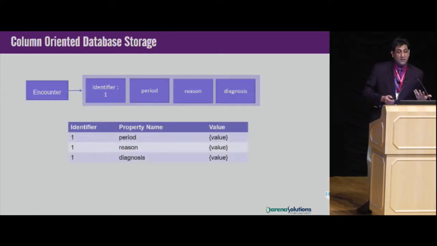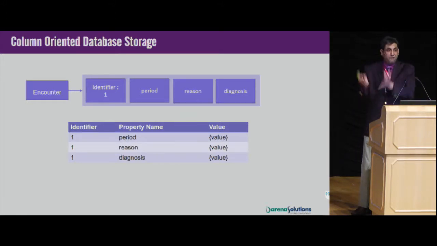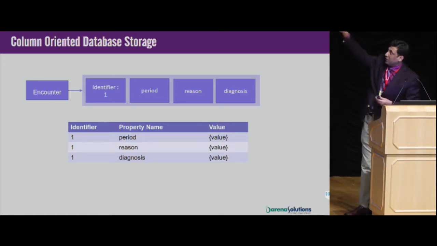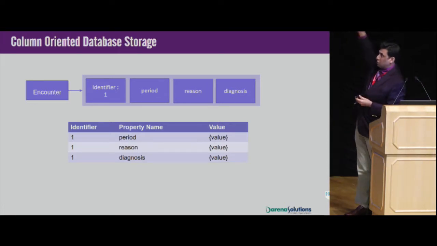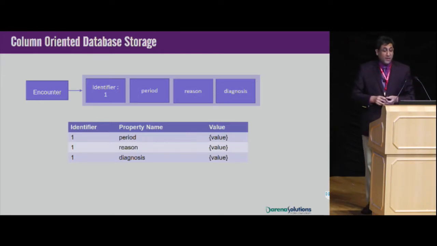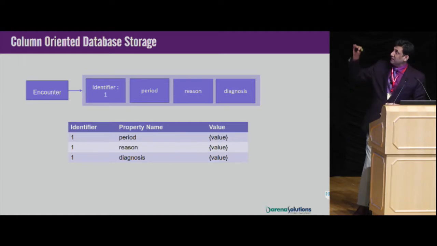What the column-oriented database basically does is it takes that format and flips it around in the way it is physically stored. So instead of the columns being stored this way in the server or in the back end, they are stored in a vertical way, where there is a unique identifier or a partition key, or there are different terms we can use in there, and then there is a property name along with the value of the property.